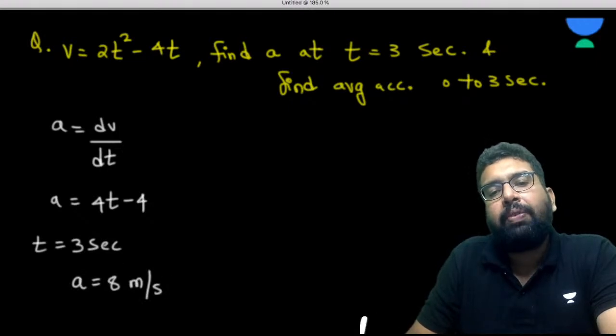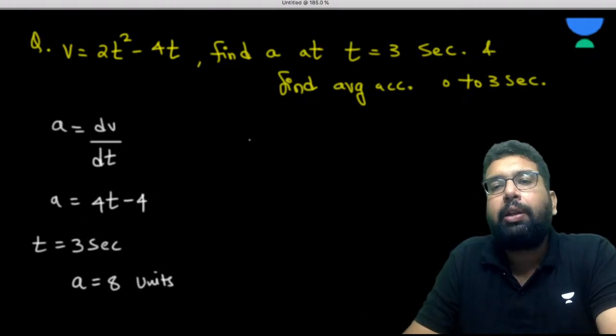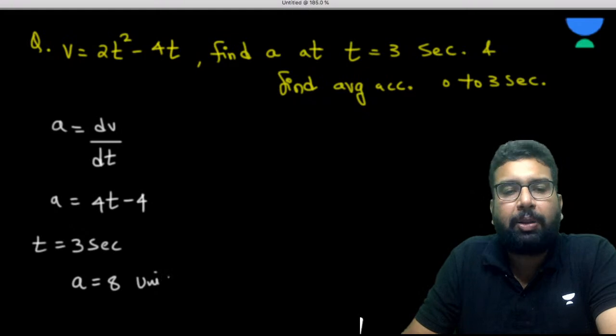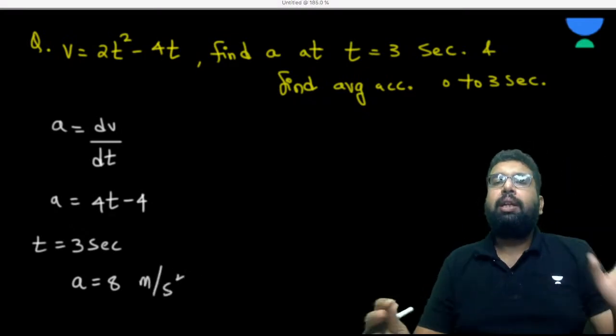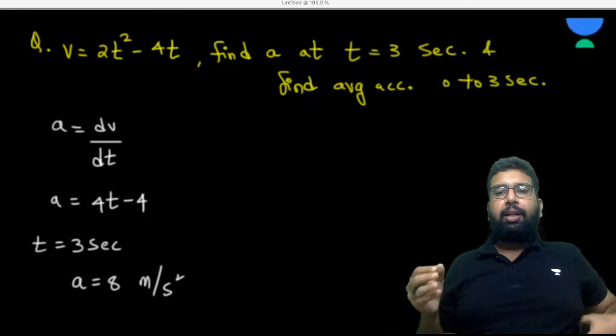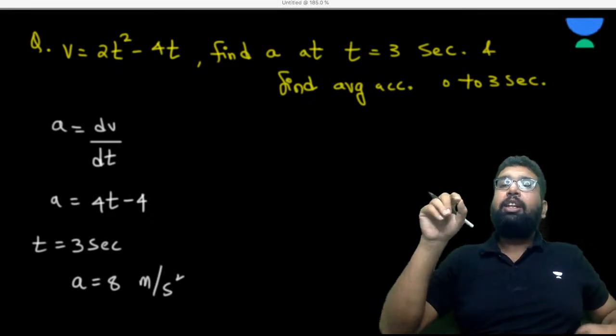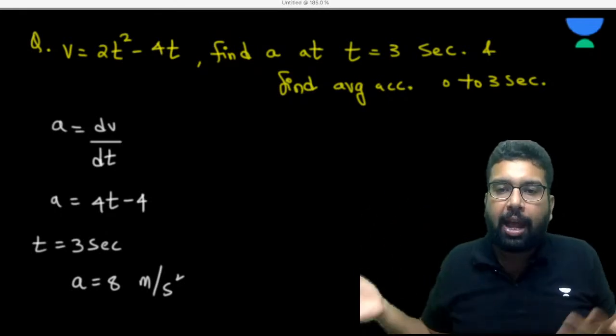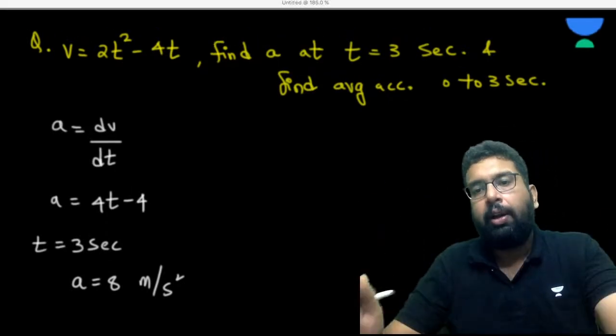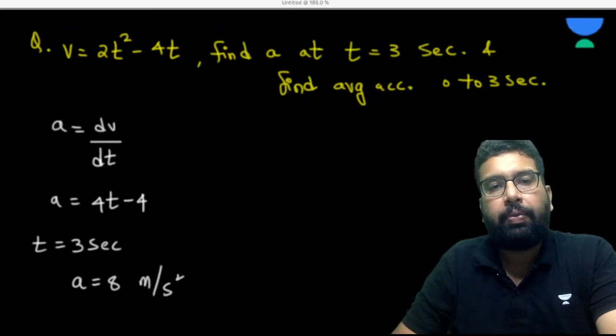Or we must write it as units, because we don't know whether this is in meter or something. You will normally see in examinations that the acceleration is given as 8 units, because we are not clear whether it is meter per second square, kilometer per second square, or what. I hope it is fine to everyone.